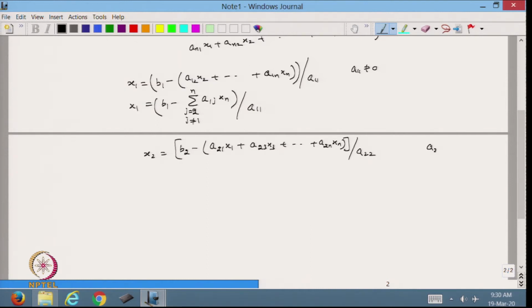Here also I am considering that a22 is not equal to 0. In fact, it should not be a very small number, because if we divide by a very small number, we may lose significant digits.